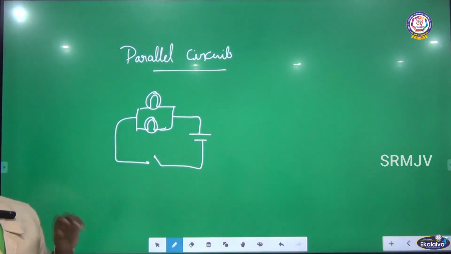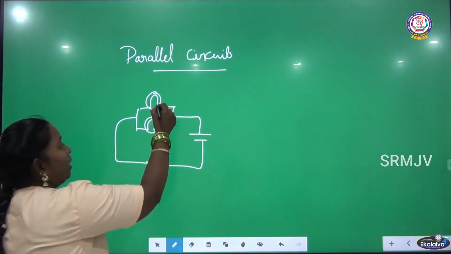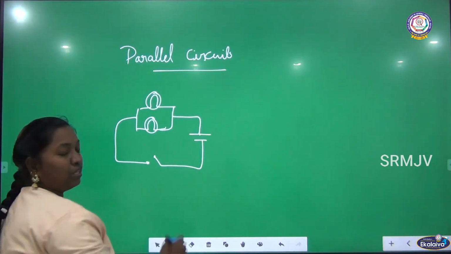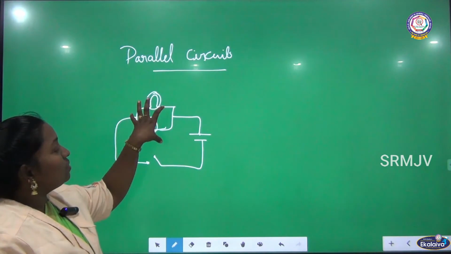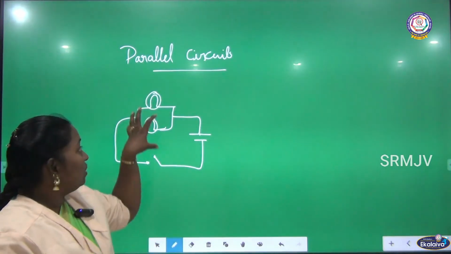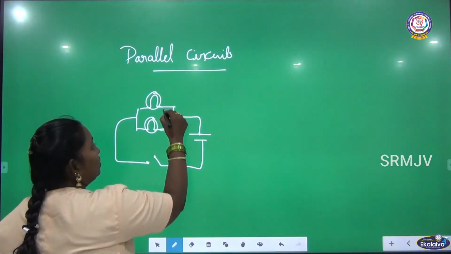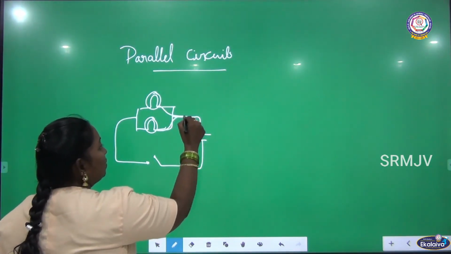In the case of a parallel circuit, bulb 1 is connected separately to the source and bulb 2 is connected separately to the source. So this is called a parallel circuit. These bulbs are connected to the EMF with one or more loops. If you see here, this is one loop and this is the second loop.